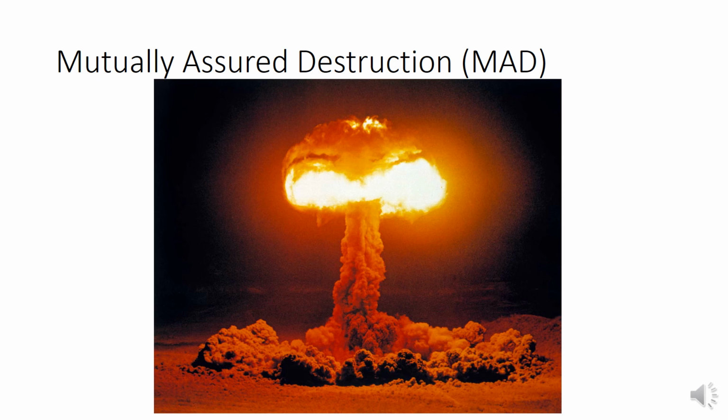So what's this a picture of? Nuclear. Yeah, it's a mushroom cloud. This is a nuclear explosion. Mutually assured destruction, or MAD, is basically an extreme version of the Grim Trigger strategy.